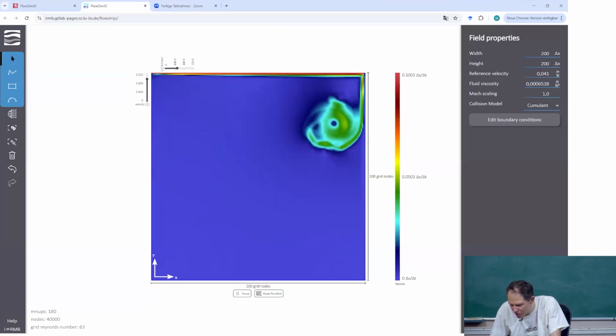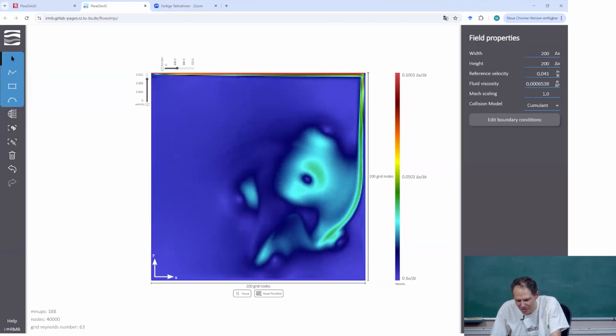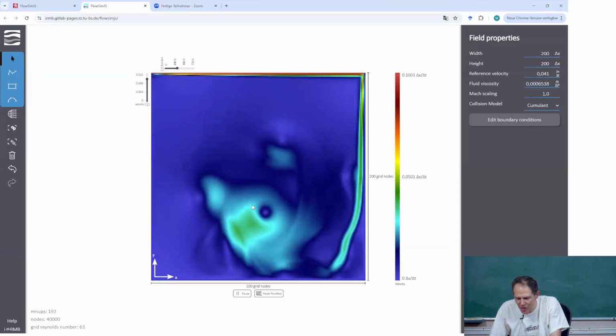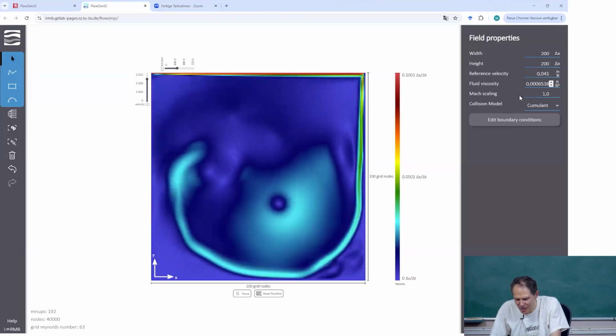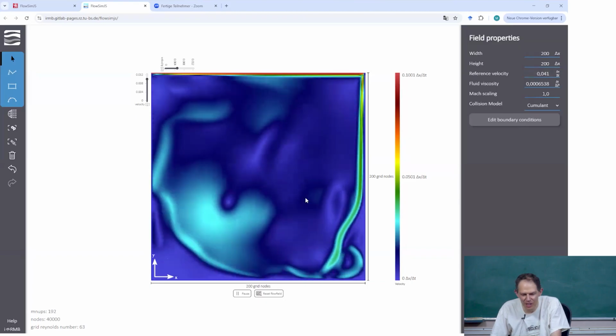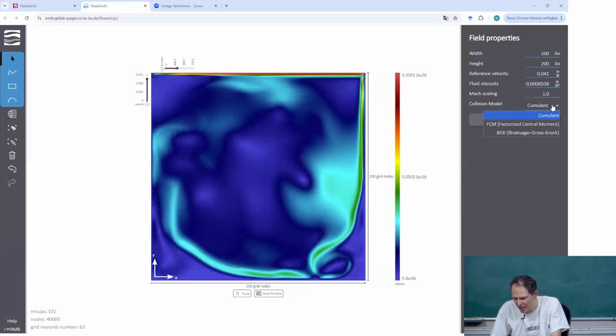This was too low, so it does not like to crash, but it may crash then anyway. Okay, now a lower viscosity means a higher Reynolds number, you see potentially more dynamics.